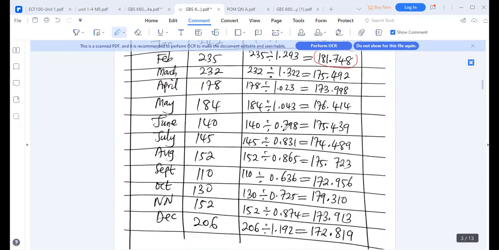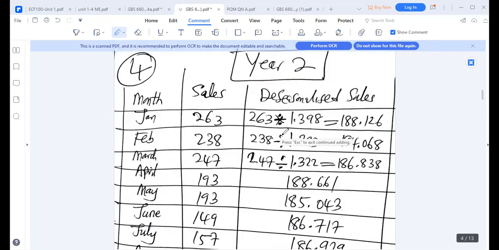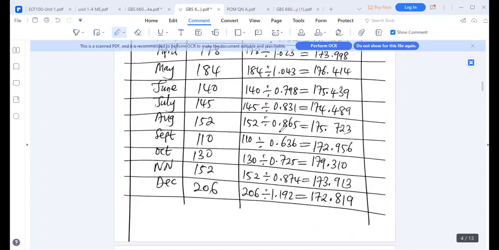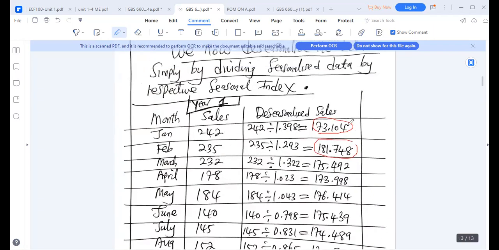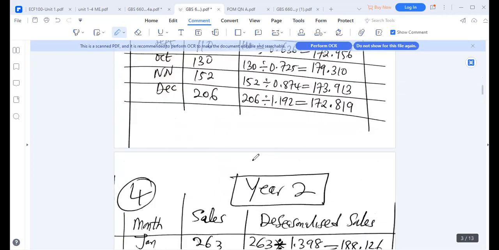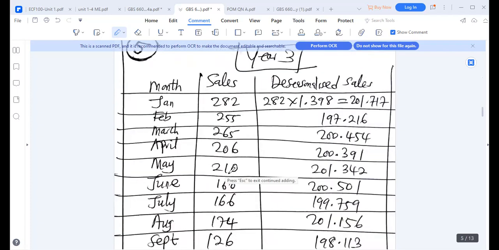After getting these values, we have them for each year. These are the values I'm getting, called deseasonalized values. Using the deseasonalized values, we now compute the regression line.